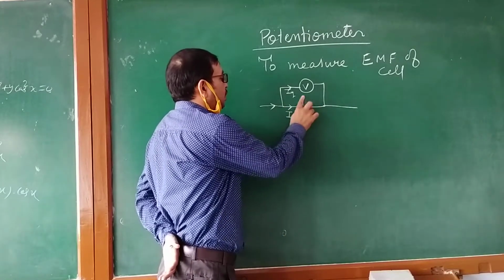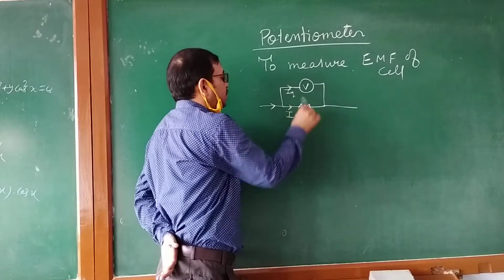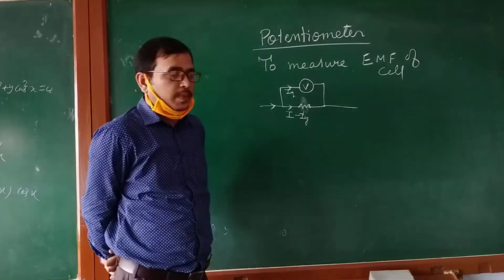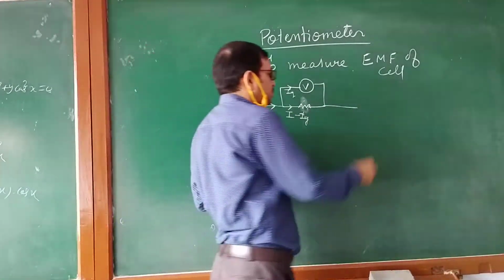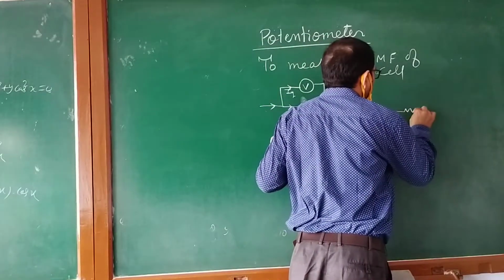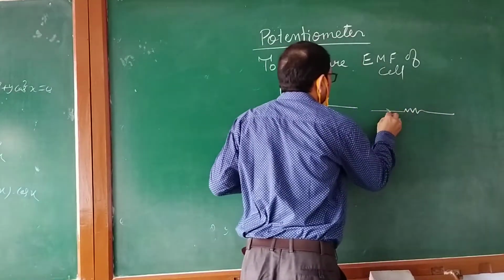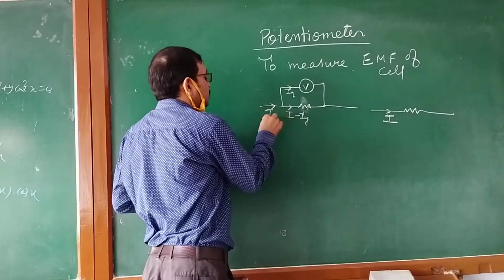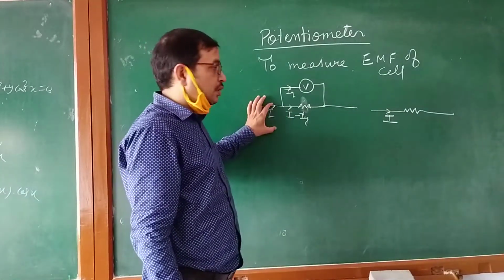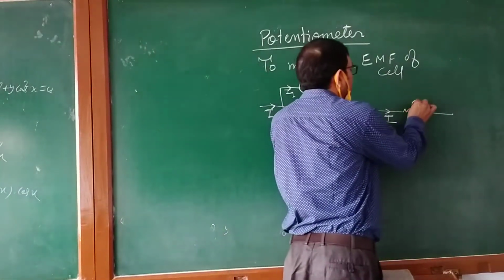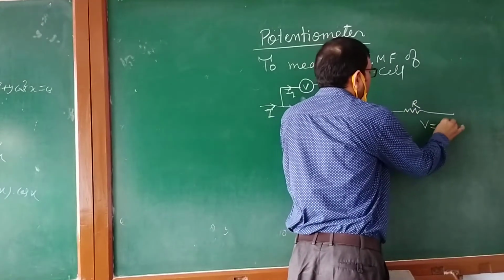So suppose it is any resistance, and the current which was coming to it was I. So the total current coming was I. In the initial state, if this is the resistance R, what will the potential drop be?